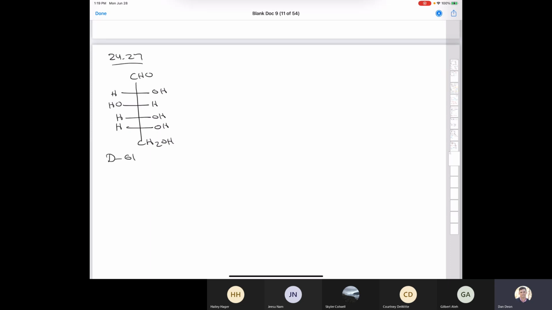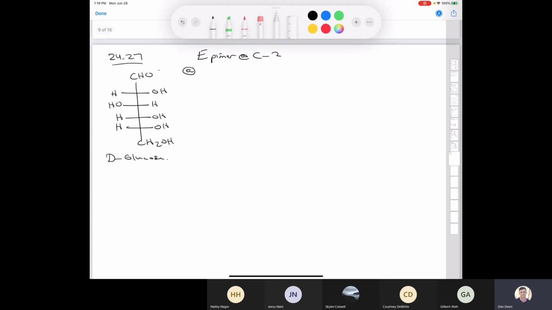So this is D-glucose. And we want to draw the compound that is the epimer at C2. So epimer at C2. Well, what's an epimer? It's a diastereomer that differs in the configuration of only one carbon. So all we have to do is start with the D-glucose. I'm just going to do a little copy paste here.